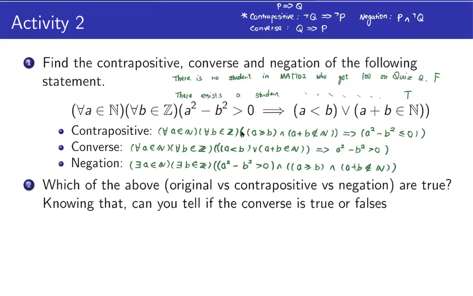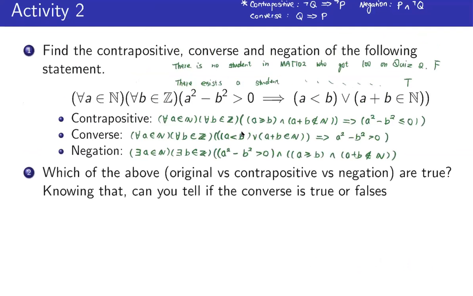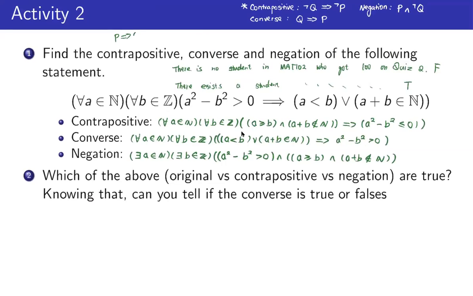No. You cannot prove a statement using converse. The converse and the original statement, the truth value of that, they don't affect each other. Think about, you have P implies Q. If you have P implies Q, you know if it's true or false. Does that tell you any information about Q implies P?